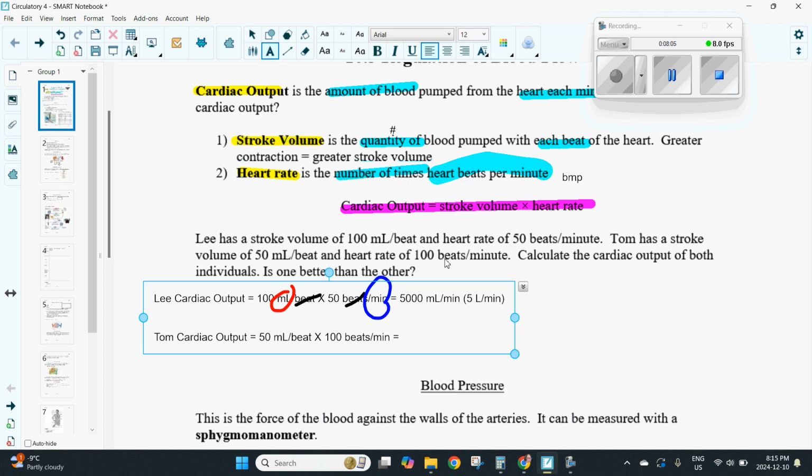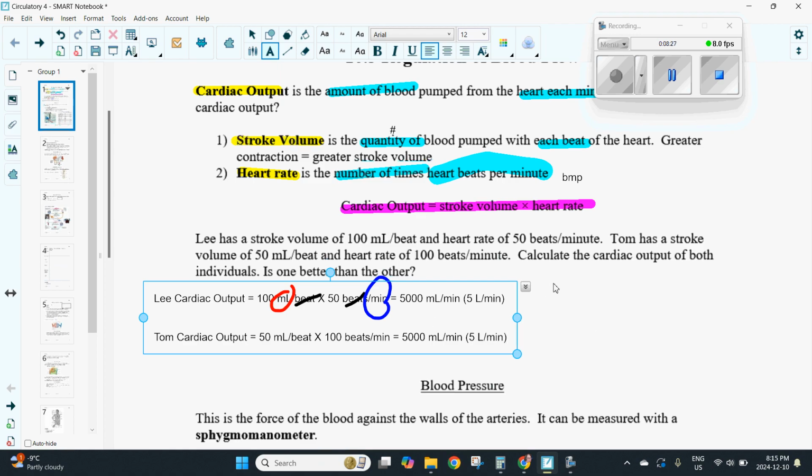What does that actually equal? Well, Lee's is 100 times 50. Tom's is 50 times 100, and whenever you multiply the same numbers, it should come up with the same answer. So I have 5,000 milliliters per minute, or again, 5 liters per minute.